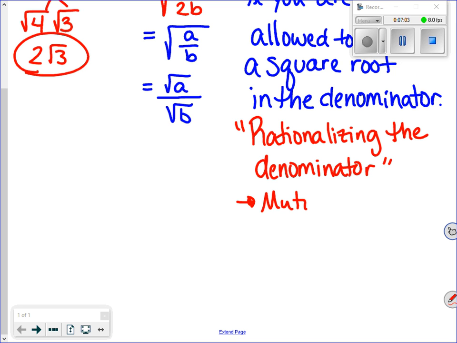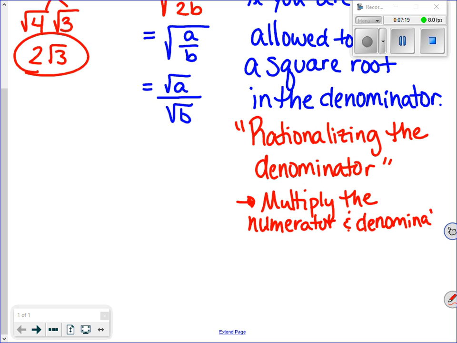So that means to multiply, and I should use correct mathematical words, the numerator and denominator by the denominator. Okay, so you're going to multiply the numerator and the denominator by the denominator.